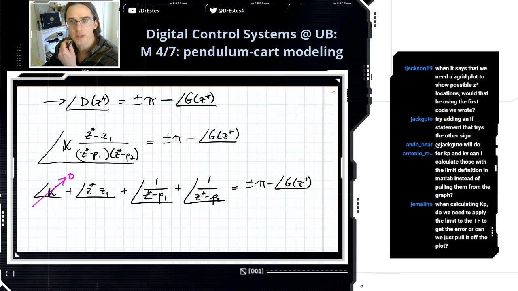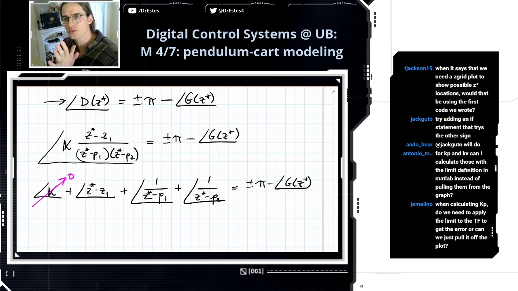All right, now the angle of just a gain is 0. Antonio says for the KP and KV, can I calculate those with the limit definition in MATLAB instead of pulling them from the graph? I want you to estimate them from the graph. You can always compare it to formulas that we used in class.